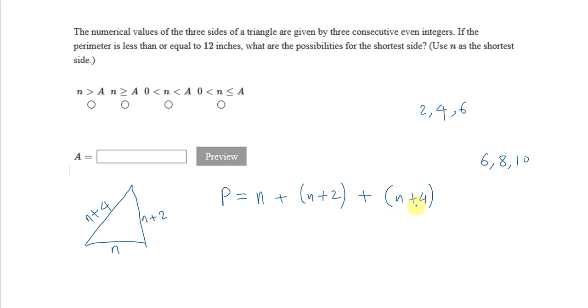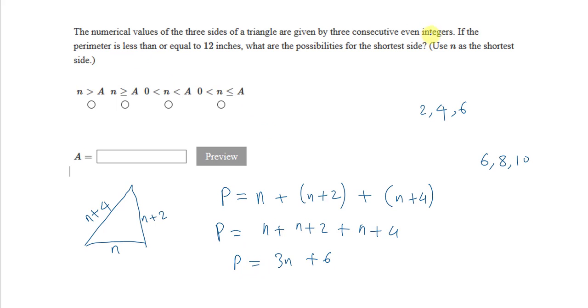And now just simplify it. n plus 2 plus n plus 4. 1n, 1n, 1n, we have 3n. 2 plus 4, that is plus 6. So this is still the perimeter.